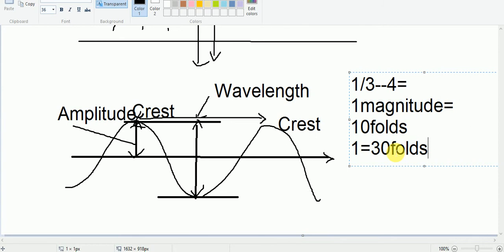So an increase of 1 magnitude is very great. From 3 to 4 you will find a lot of destruction, then 4 to 5 again 30 times, then 5 to 6 means 30 times of 5. So this is about the magnitude scale.